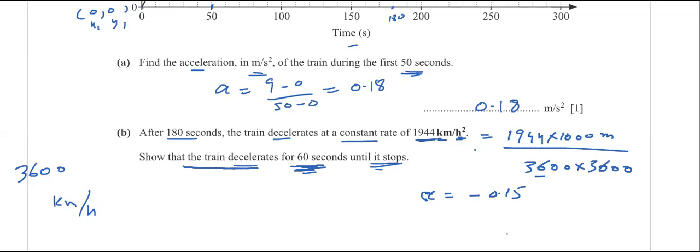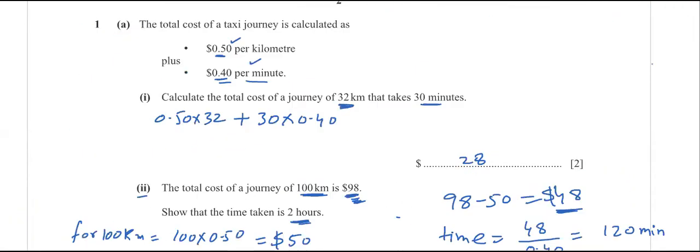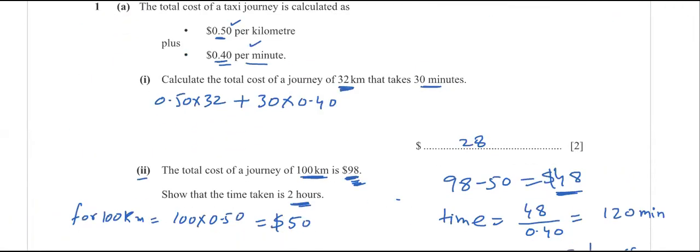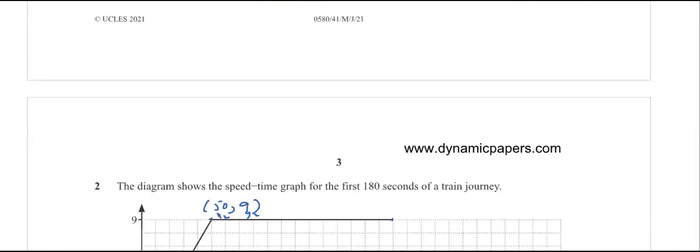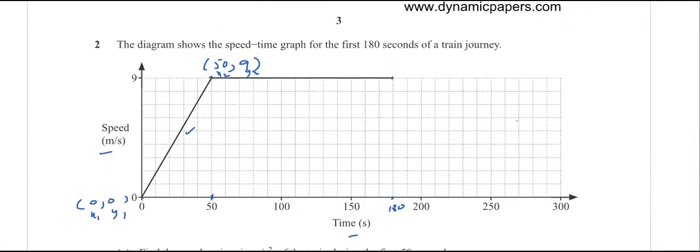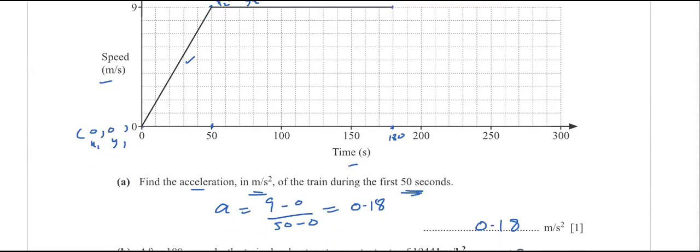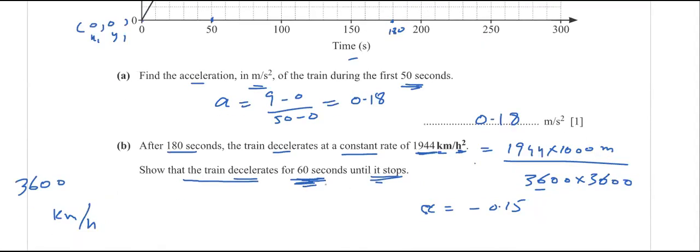After 180 seconds, if you look at the graph, if it is decelerating for 60 seconds, yes, we have to prove it. We have to show that it will decelerate for 60 seconds.